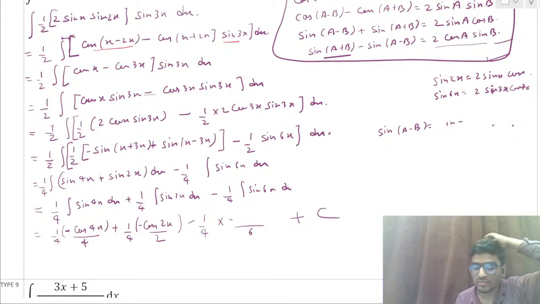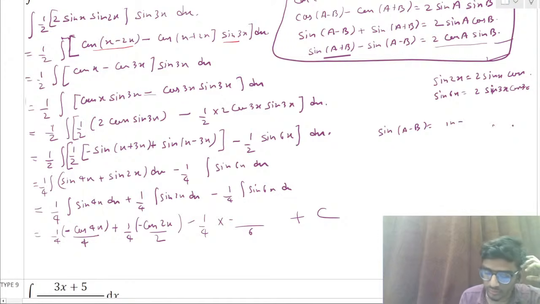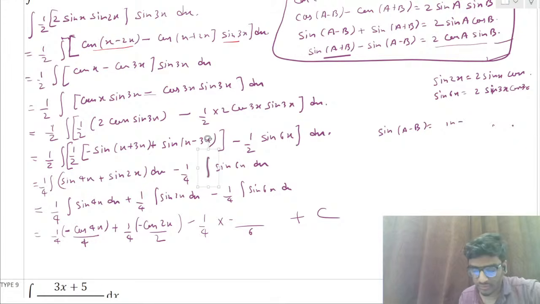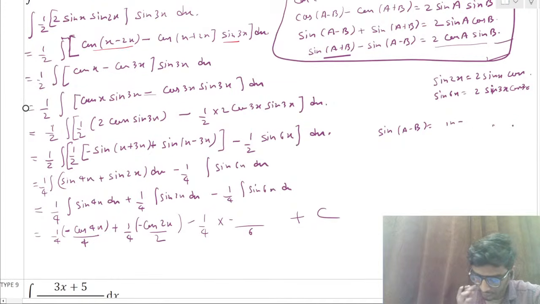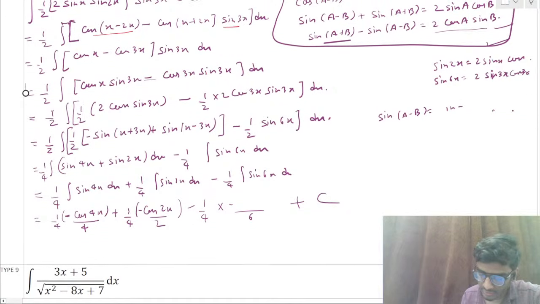Cos of a minus b gives cos a cos b plus sine a sine b. So here we have plus sine a sine b, so this implies x minus 2x, x plus 2x. Again we are left with this, so this part is also correct.